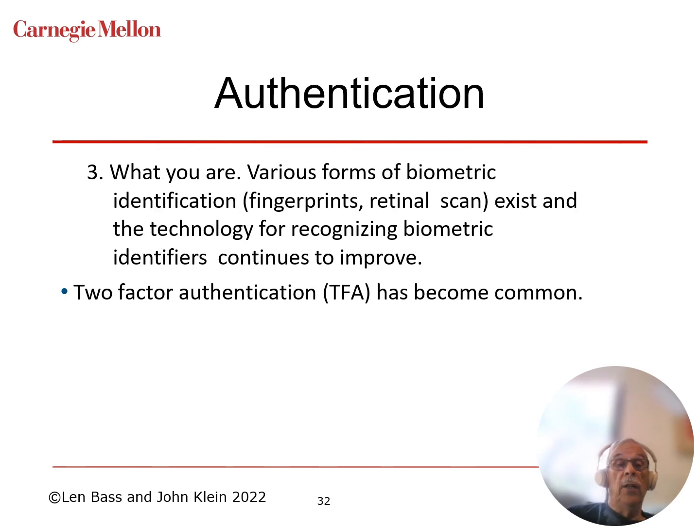Or what you are. That's biometrics: fingerprints, retinal scan, facial recognition, and so on. Technology for recognizing these things keeps improving, and many systems now allow you to log in with a fingerprint or a facial scan. But those are the three factors.